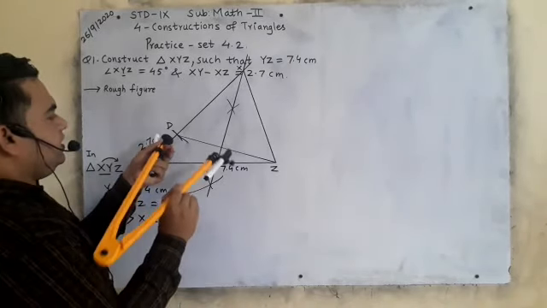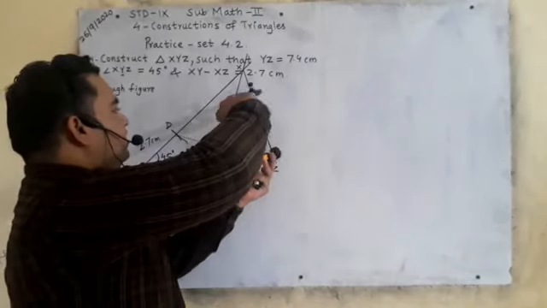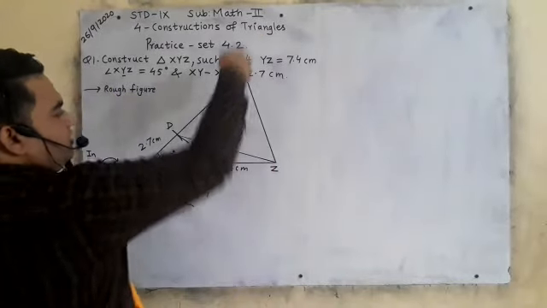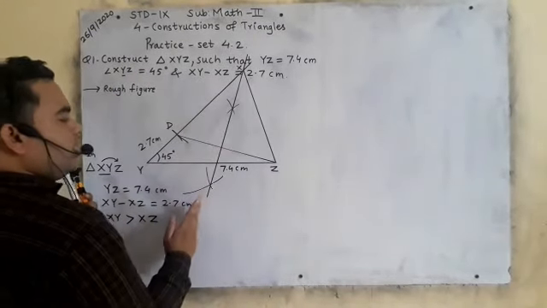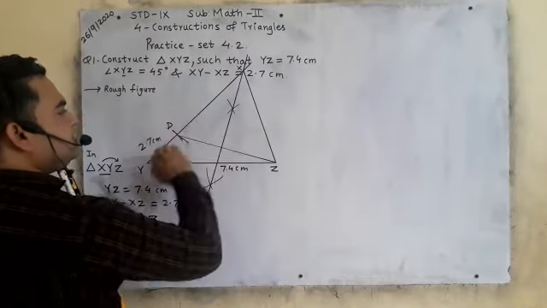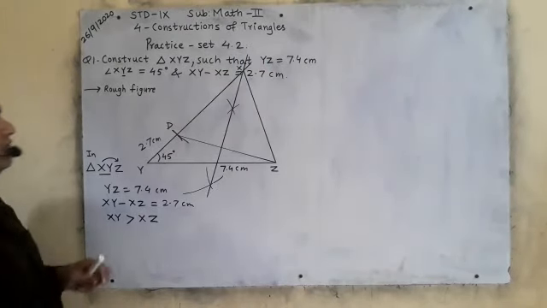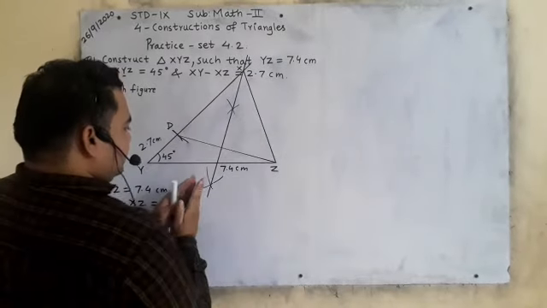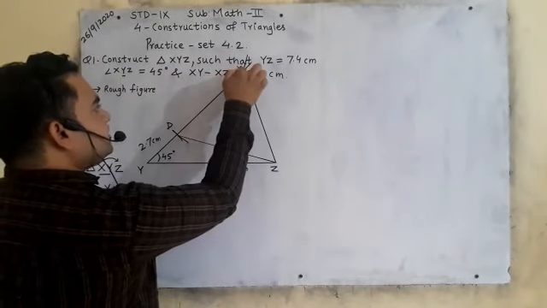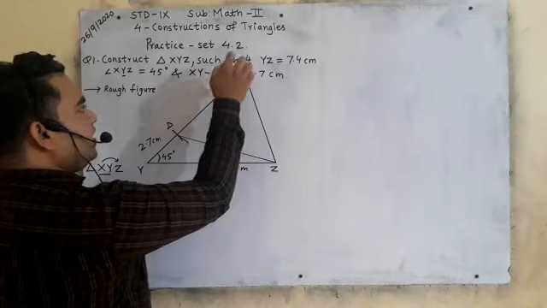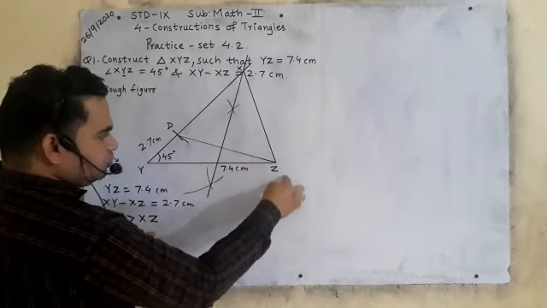You will keep the compass on D and then on Z like this. Wherever this perpendicular and this ray intersect, name that point X and join that X to Z.